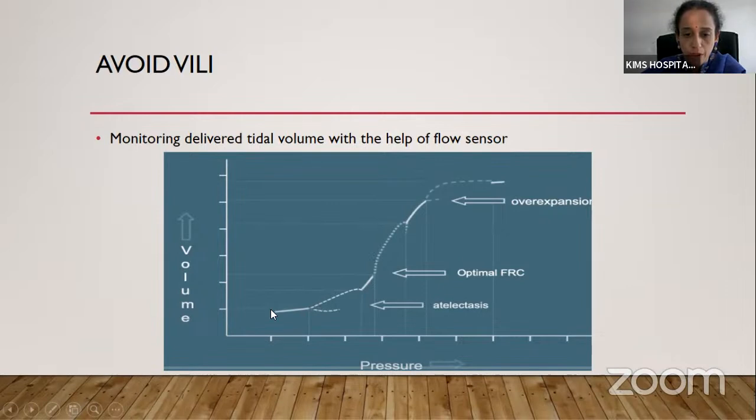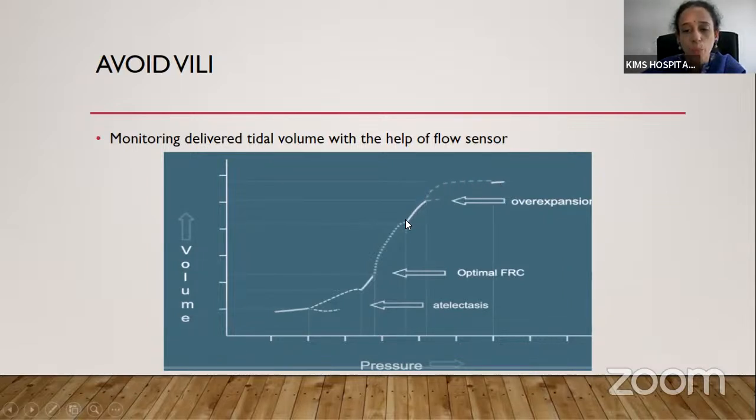So this is the low FRC range. Here, as the pressure increases, the volume starts increasing rapidly. This is called the rapid slope, or the lower inflection point. And once the pressure reaches a certain point, even if we increase the pressure, there will not be much change in the volume. Here, the lung is going into the over expansion phase.